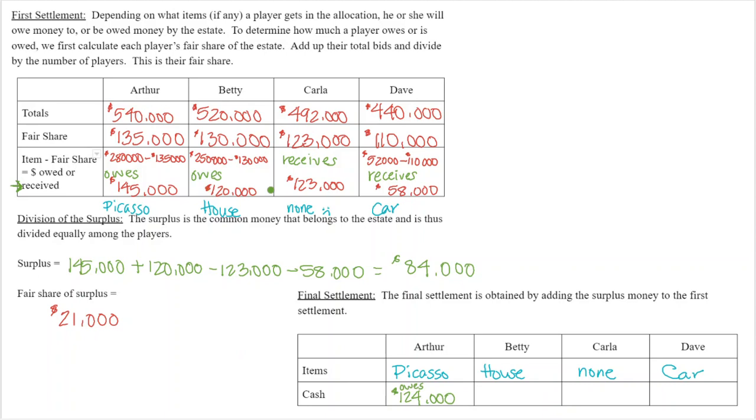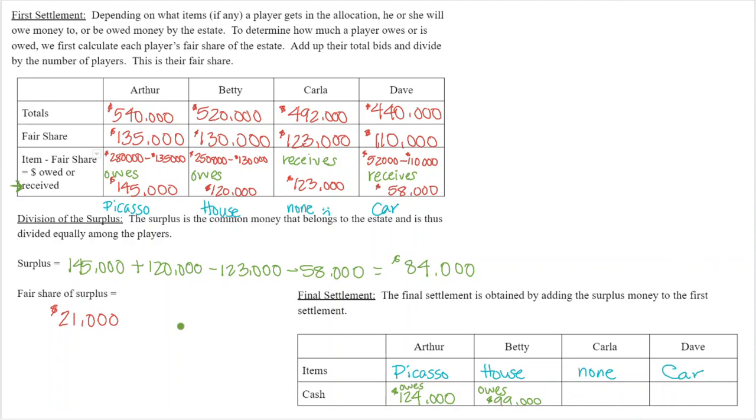Betty originally owed $120,000, but she got $21,000 back, so she only owes $99,000. Carla originally got $123,000.